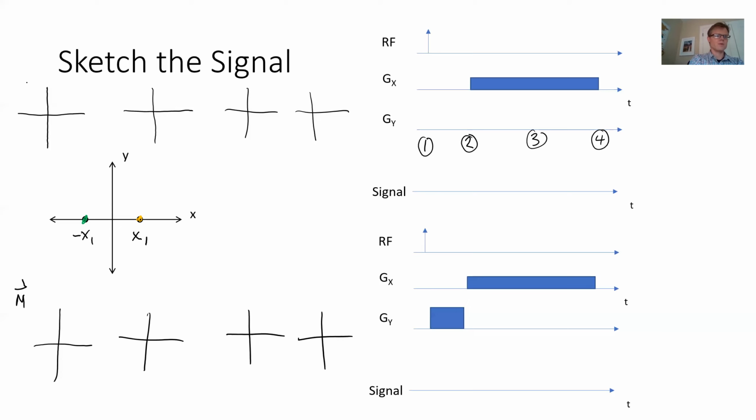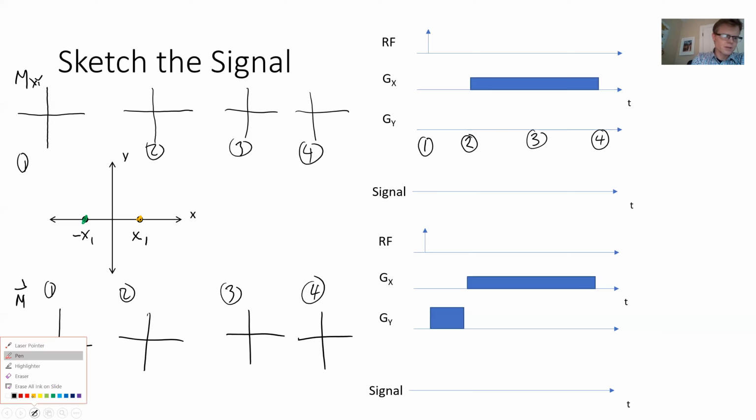In these plots, it's going to show Mxy for time 1, 2, 3, and 4. And so in both cases, we tip the net magnetization into the transverse plane.